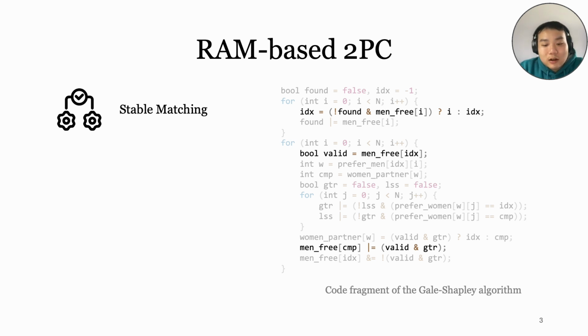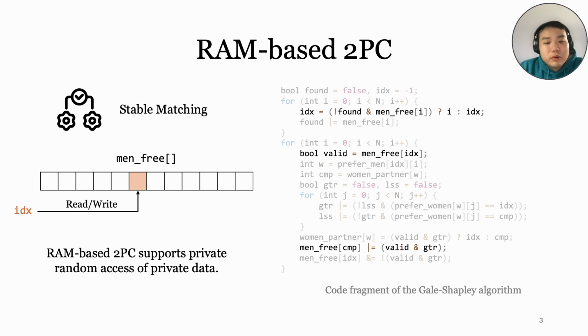When we look at the code fragment of the Gale-Shapley algorithm shown on the right, and especially focus on the highlighted sections, we can see that there are a lot of read or write operations on private positions. Thus, they need to design custom protocols to avoid the huge overhead of converting a program to a circuit directly. But is there a generic way to handle all these kinds of random accesses?